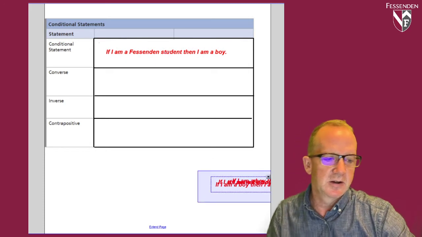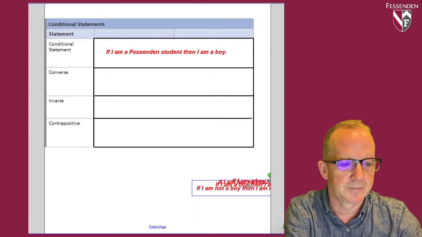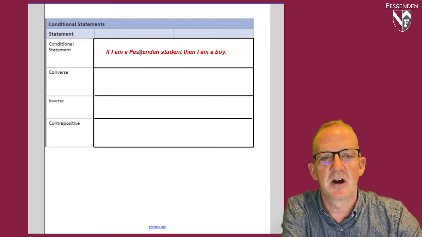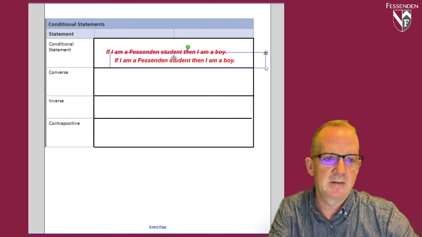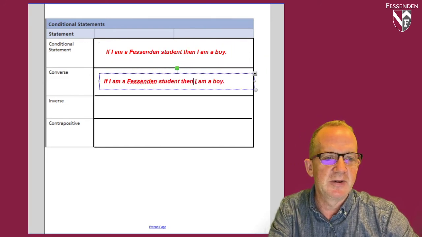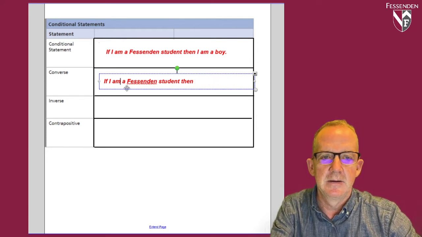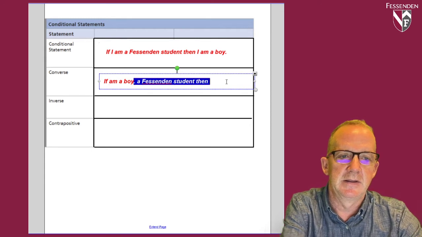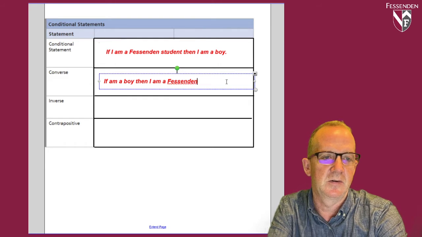Now the converse of this, let me just rewrite these. The converse of this is when we're going to flip-flop. We're going to change the order of it. So that means that instead of the I am a boy coming at the end, we're going to put that in the beginning and say if I am a boy, then I am a Pheasant student.